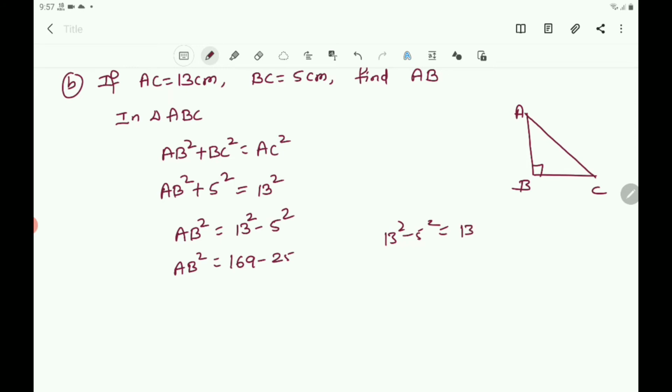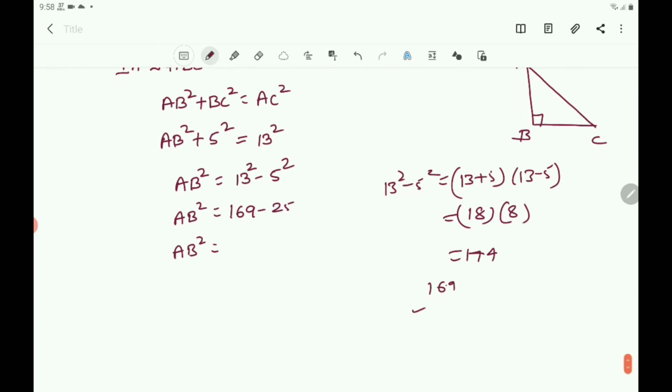You can write 13 plus 5 into 13 minus 5. Then 13 plus 5 is 18, 13 minus 5 is 8. 18 times 8 is 144 you will get here. Same thing here: AB² equals 169 minus 25, which is 144. 9 minus 5 is 4, 6 minus 2 is 4.